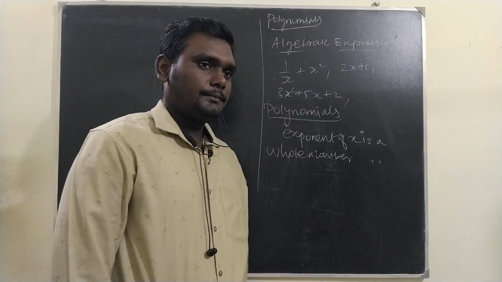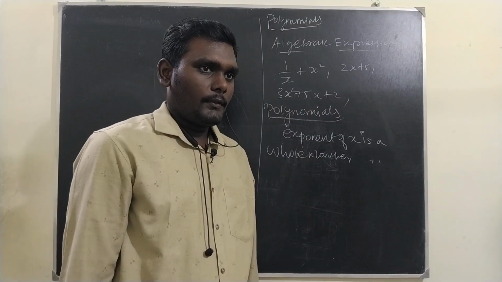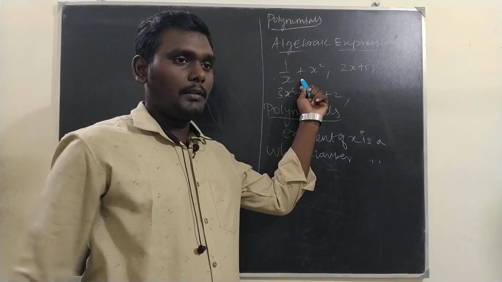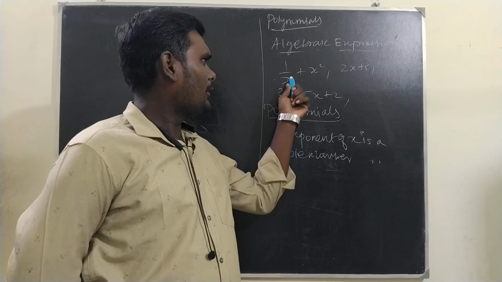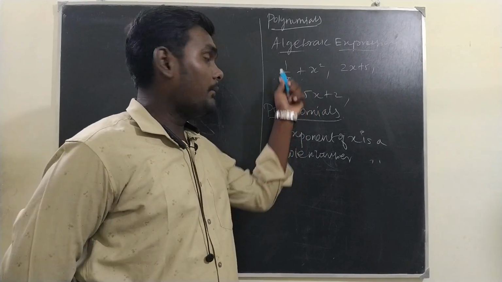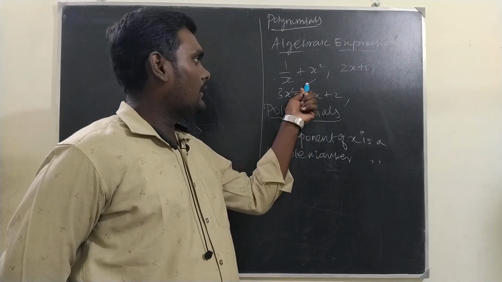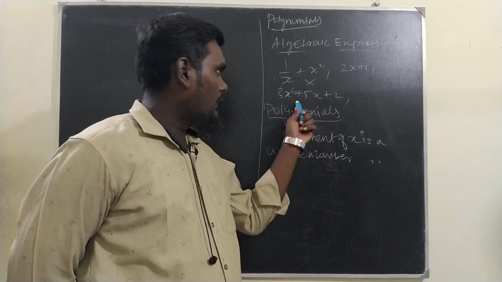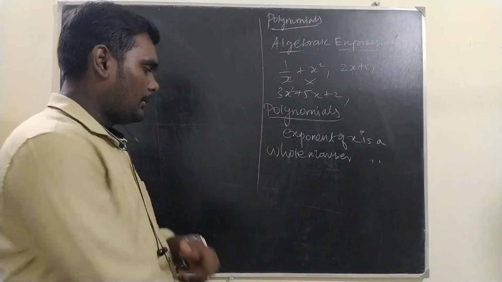Which is a polynomial? Is this a polynomial? Check all the powers of x. This is x power 1 only, no? This one is x power minus 1. This is not a whole number, so this guy is not a polynomial. This guy is a polynomial. This guy is a polynomial.